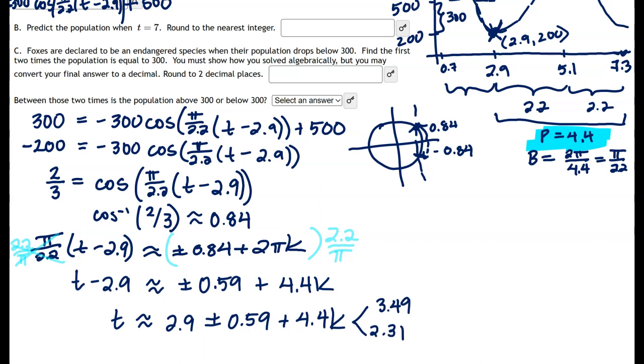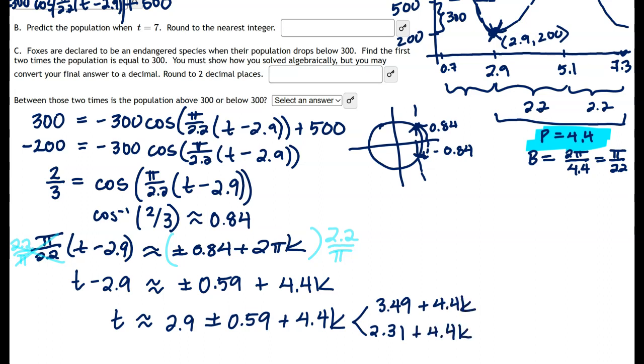And I did store all these numbers as I worked with them. So I didn't actually use the rounded 0.84 and the rounded 0.59. If you aren't going to store and use the answer in your calculator as you go, just use a few more decimal places to make sure you don't build up a bunch of rounding error. And then these both have the plus 4.4k.